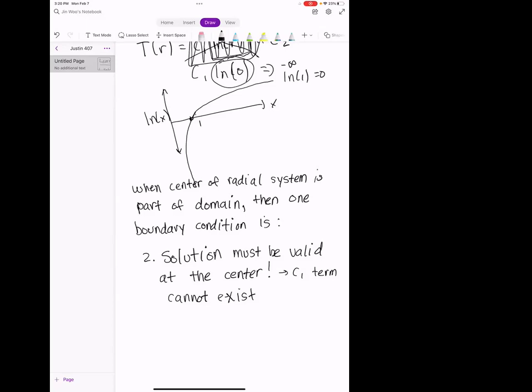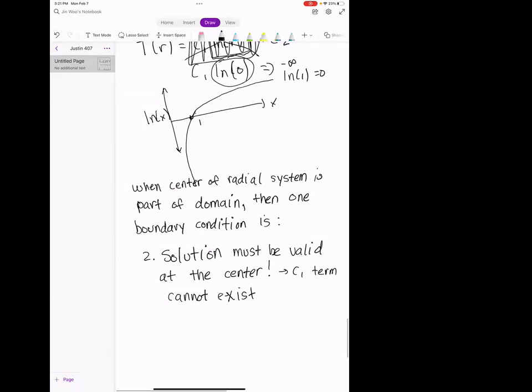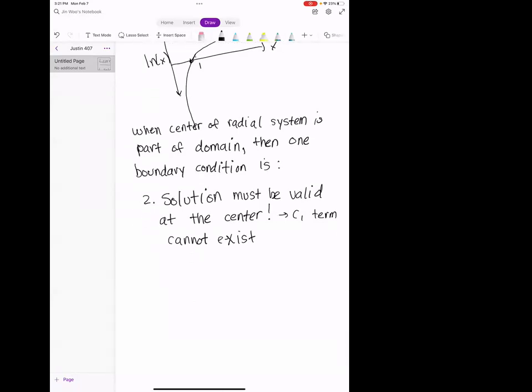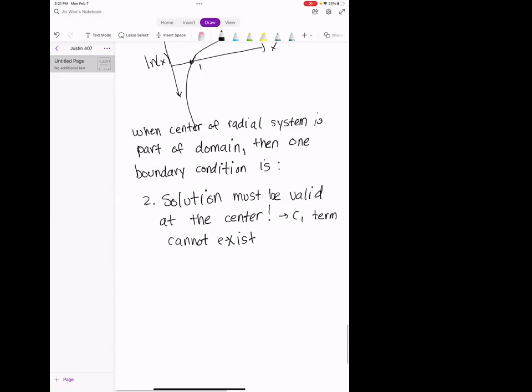Honestly, that's kind of how I thought about it for many years. But after thinking about it some more, it's even beyond that. That term physically can't even exist for problems like this. And so if the C1 term cannot exist, then our temperature solution, T of r, is only equal to C2. We have one constant left.